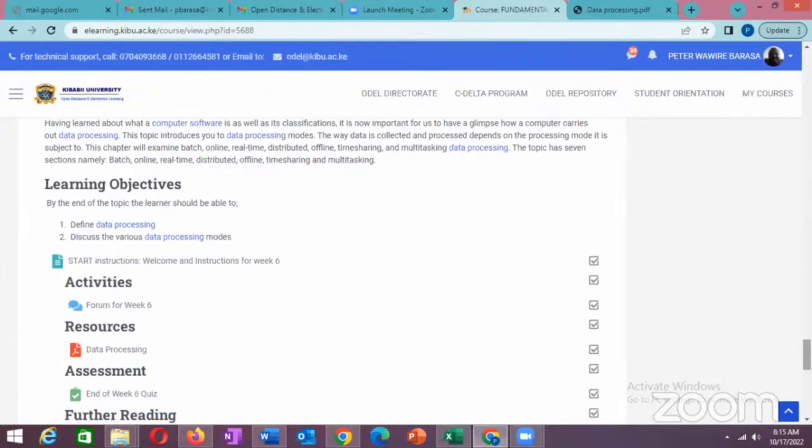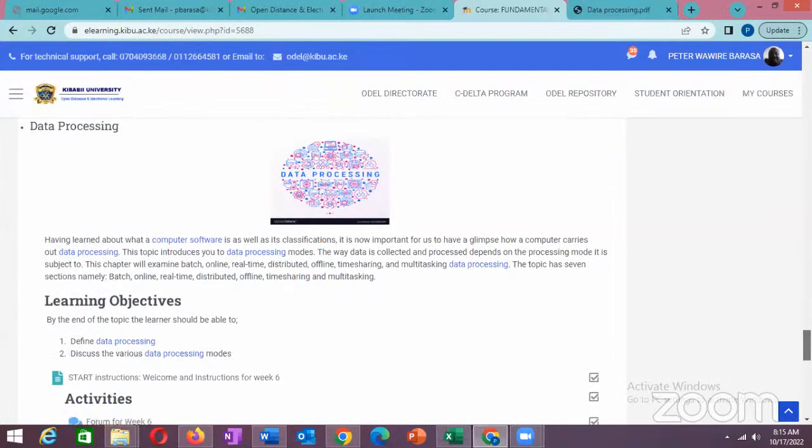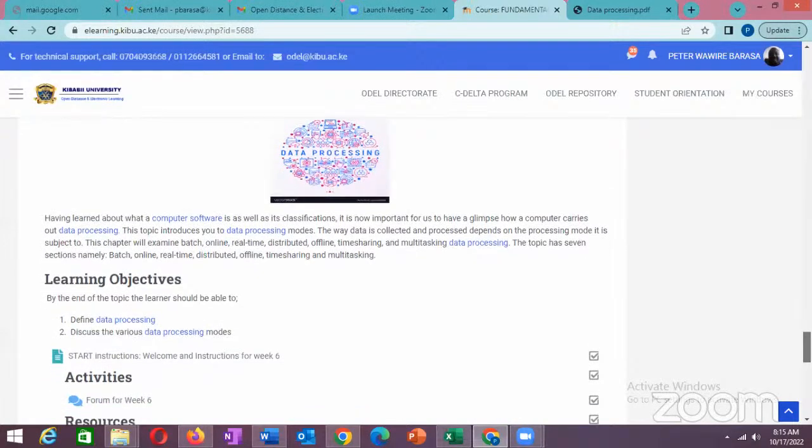So at this juncture, having learned about what computer software is, as well as its classification, it's now important for us to have a glimpse of how a computer carries out processing. So this topic introduces you to data processing modes.